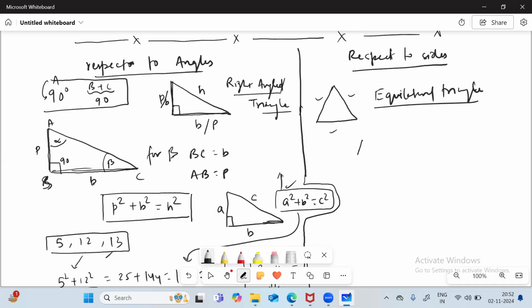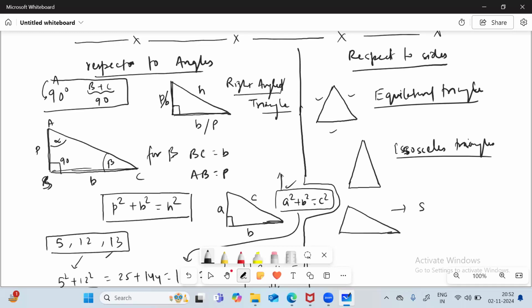When two sides are equal, it will be called an isosceles triangle. And if all three sides are different in size, it will be called a scalene triangle. So these three types of triangles are there.